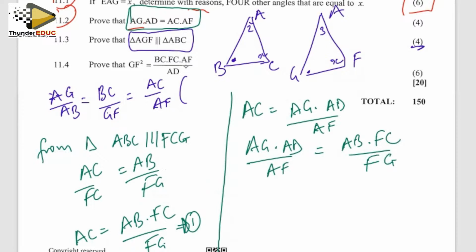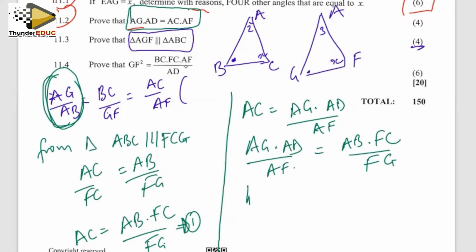Okay. So what I can see, I need to bring out something, and that something I need will be the AG over AB. I need this to come out of this. So it means I need to take this one that side and bring this one down.